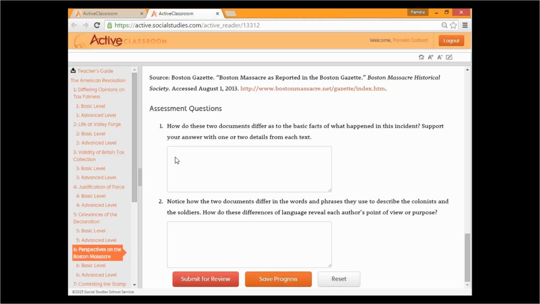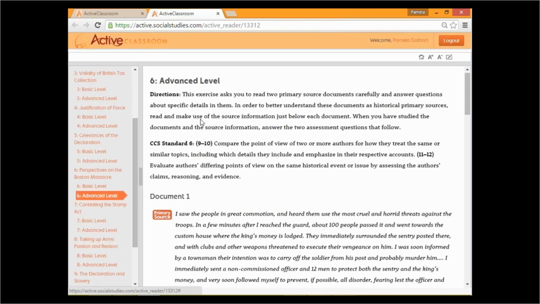Let's look at the advanced level. Our advanced level gives instructions to the students, grades 9 and 10, grades 11 and 12. Again, we're looking for the author's point of view, comparing the point of view of 2 or more authors for how they treat the same or similar topic.